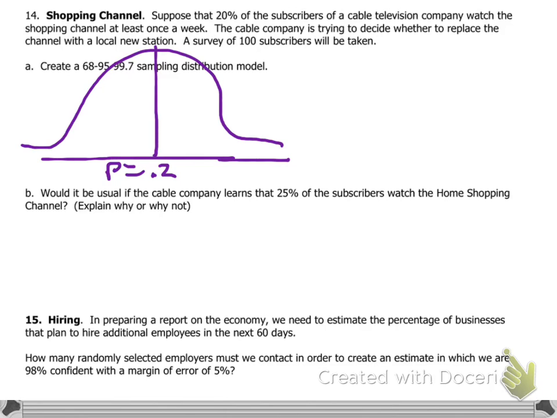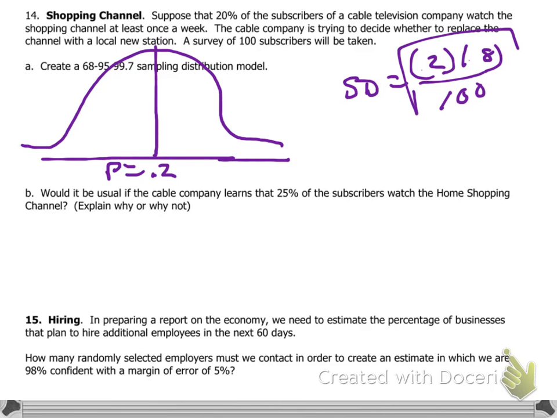Okay, so off to the side, I have to go find my standard deviation, which is the square root of 0.2 times 0.8 divided by 100. So what is that? 0.16 divided by 100. Take the square root of that number, and I get 0.04.